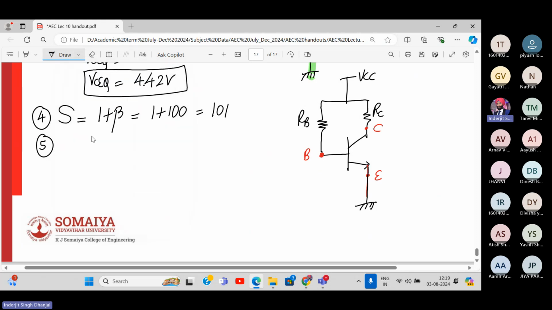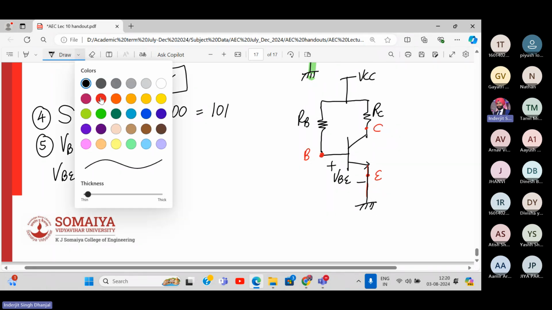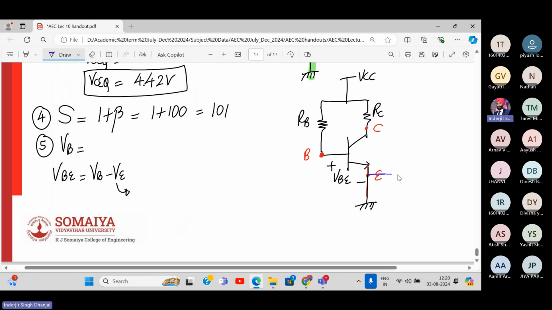Now, what are they asking you to find out? VB, right? VB with respect to ground. So let me write. VBE is VB minus VE. VE, the emitter voltage, is zero, no? If you check the emitter voltage over here, this point, with respect to ground, this is VE.